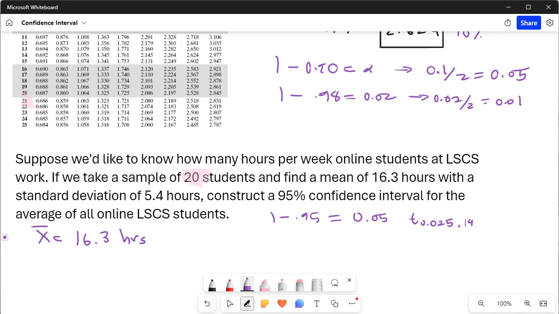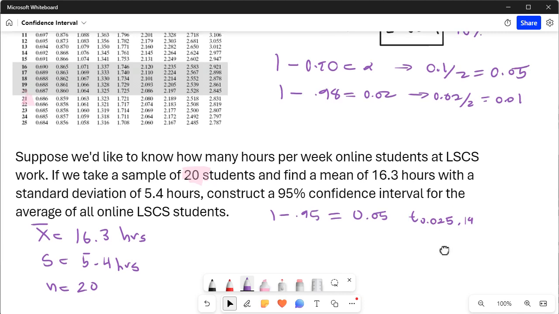And then they took a sample to determine the standard deviation, and that was given to be 5.4. So we have 5.4 hours. That's s, the standard deviation. And what is n? n is 20. So the only thing that we actually need is the t-score.